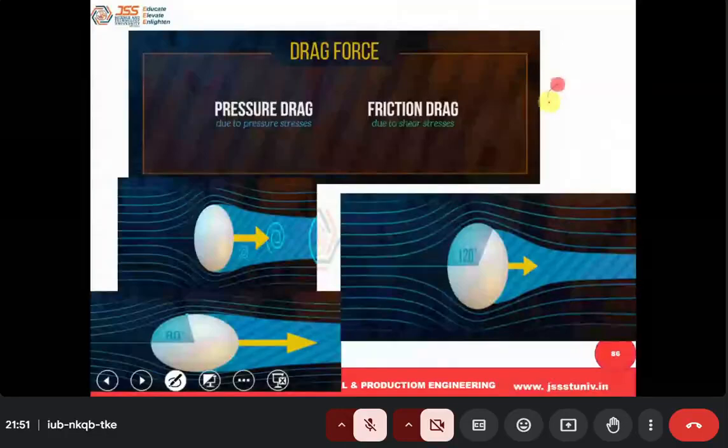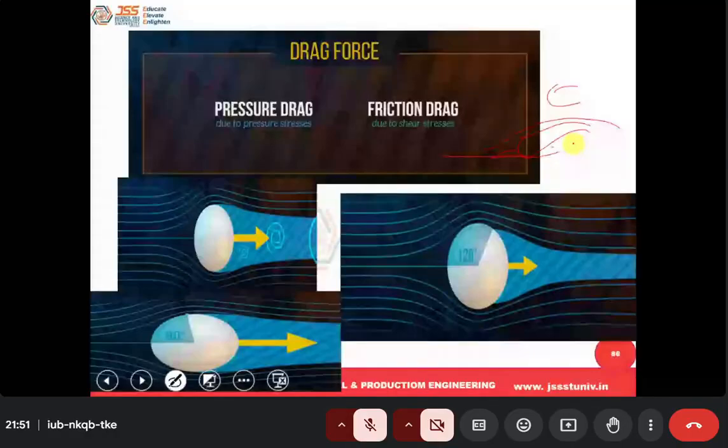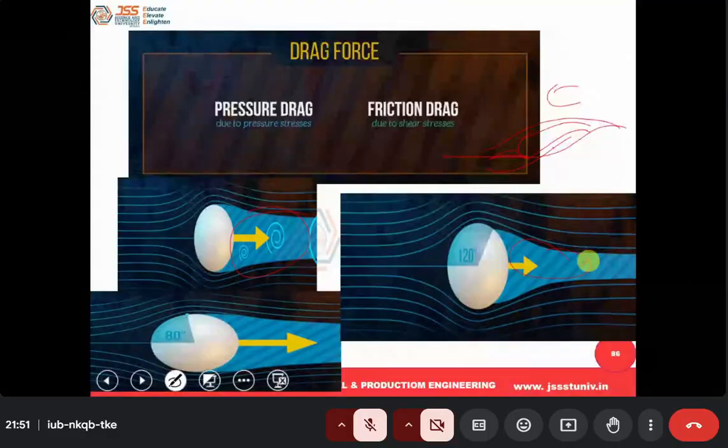No, it will not separate. So what will happen? Air comes here, easily it flows here. Flow separation is very, very minimal here. But in the spherical ball you can see the flow separation is large. As the flow separation is more, the drag force will be more. If the drag force is more, the lift force is going to be reduced.